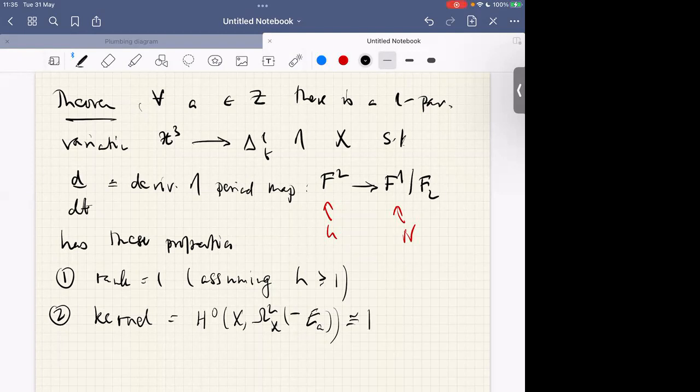So I can identify this with K_C plus L minus the point A.